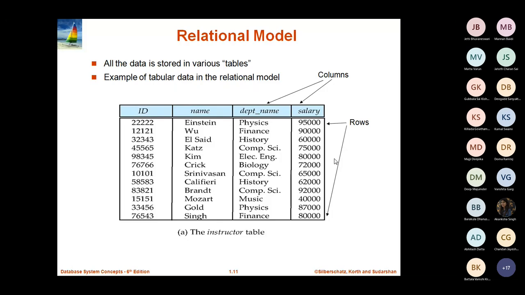Once we add more data, we are adding rows. In this example, the instructor table has 4 columns, and then we have these rows. Each row is a piece of data related to some individual. Say the first one has the ID 22222, the name is Einstein, the department name is physics, and the salary is 95K, and so on.